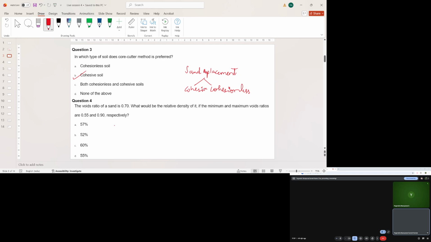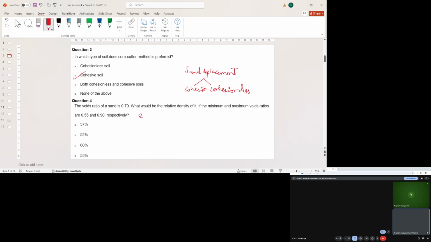Now, coming to the fourth question. The voids ratio of a sand is 0.7. What would be the relative density of it if the minimum and maximum voids ratio are 0.55 and 0.90 respectively?